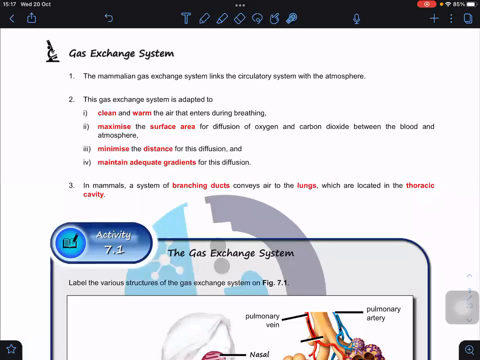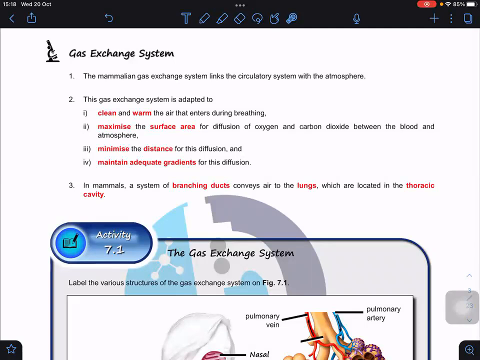So this system is very important because we know that we have the circulatory system, which is our cardiovascular system, which helps us to transport oxygen and CO2. But how do we get the oxygen? From our skin? No, our skin is not the gas exchange system. Not like amphibians. Correct or not? Okay, so we have to connect this cardiovascular system with the atmosphere.